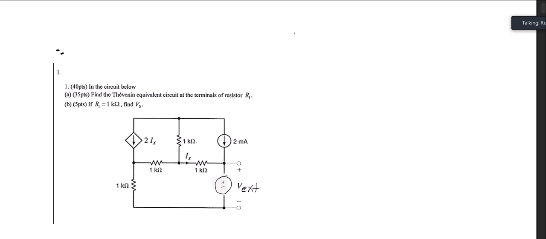And what you're going to find out is that R Thevenin is going to be V external over I external. So you find the current going through that external voltage source, and you take V external over I external, and that is R Thevenin.